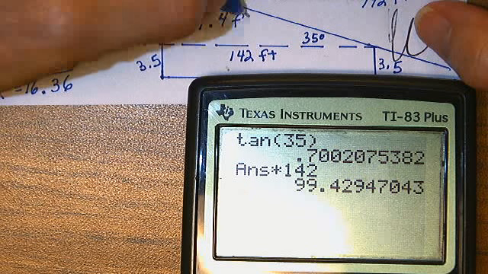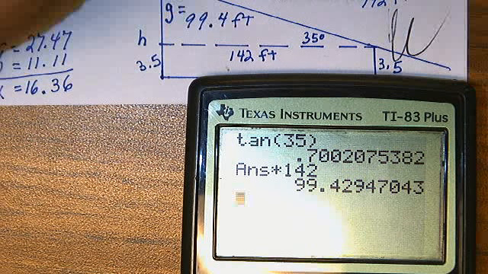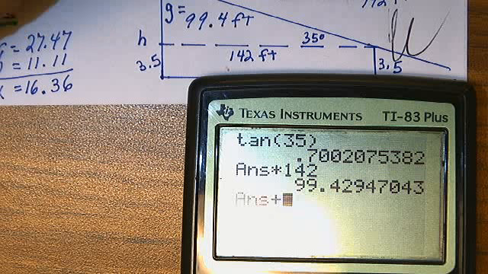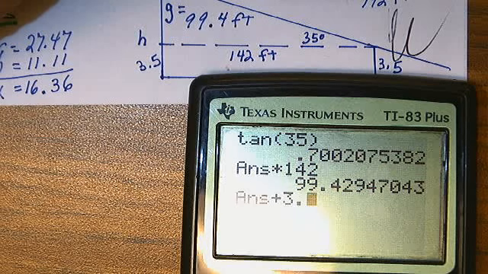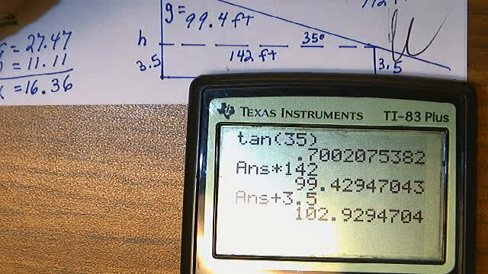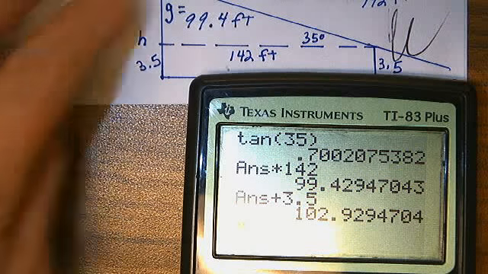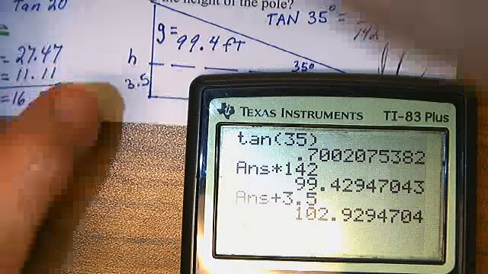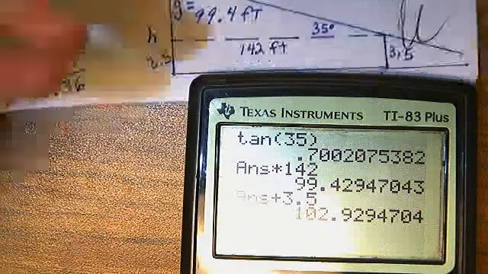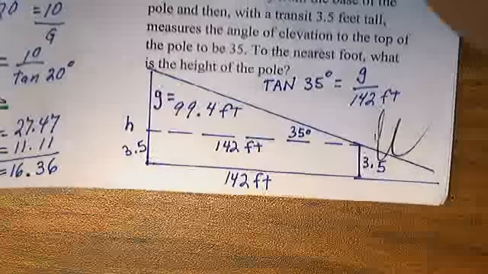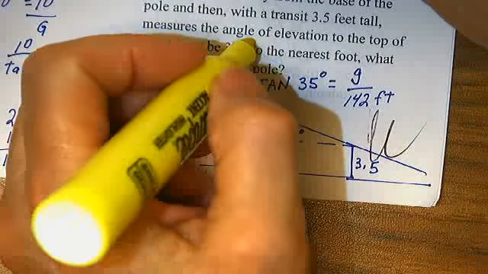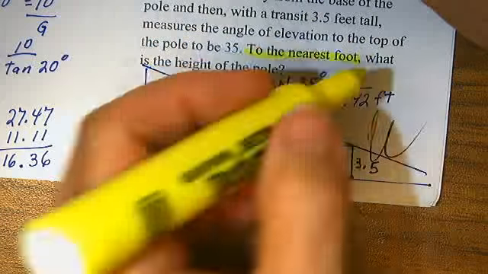G is equal to 99.4 feet plus 3.5 feet, 102.9 feet. So is that my answer? No, it is not, because the problem specifies to the nearest foot.